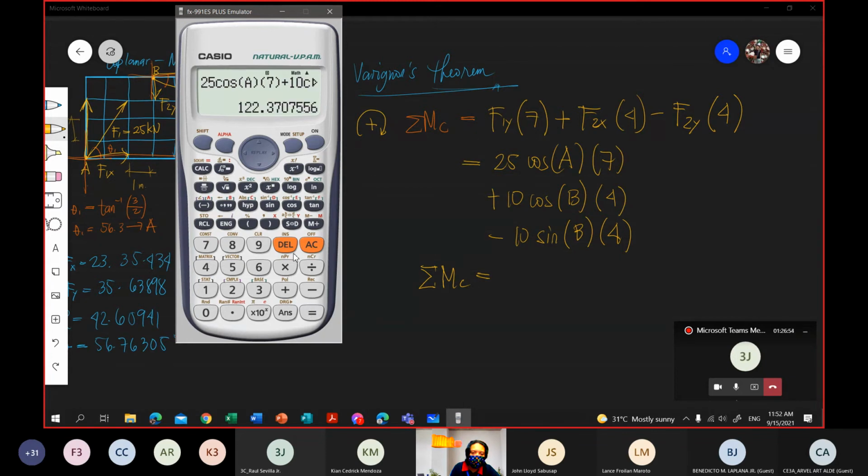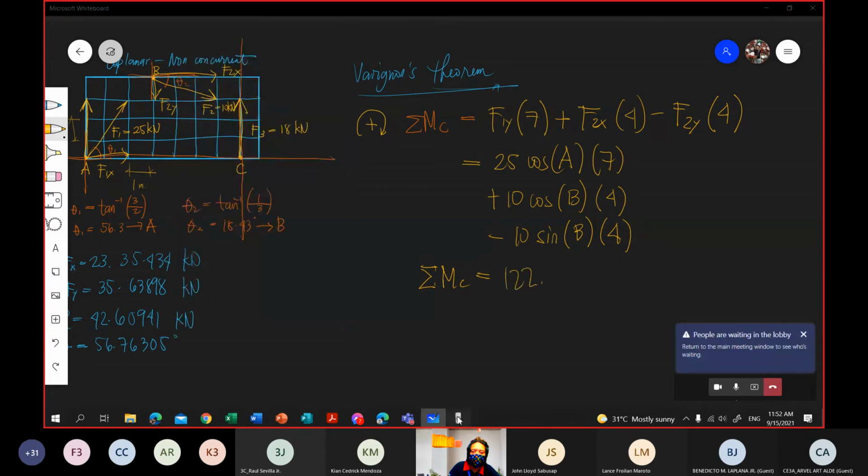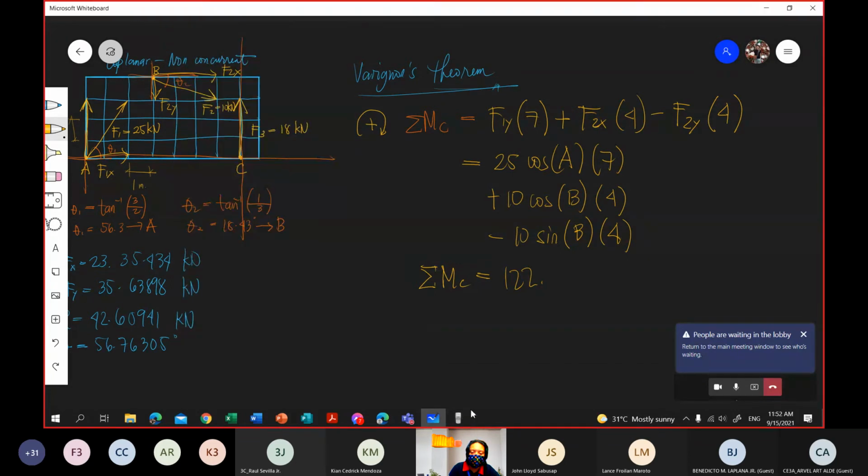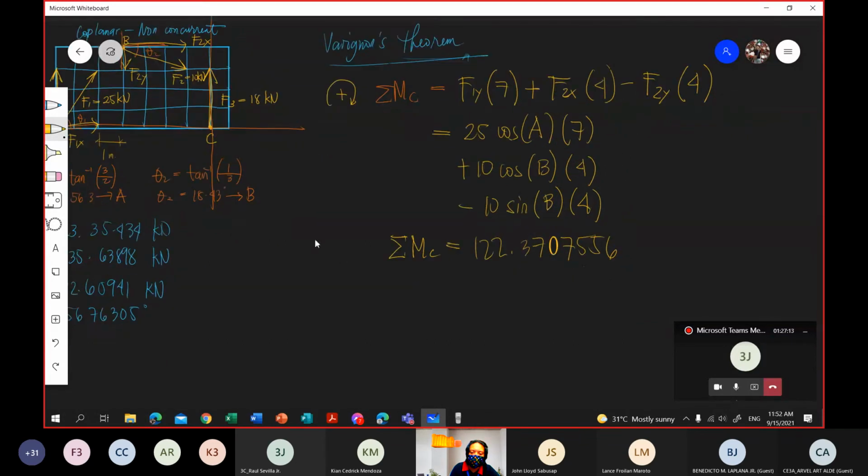Equals, so the answer is 122 point 3707556. Many numbers. This is not yet the final answer.